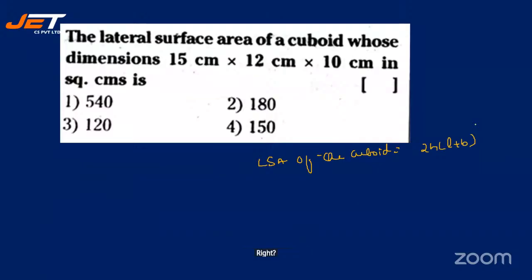So it is length, breadth, height. So what is the height? 2 into 10 into what is L plus B? 15 plus 12.